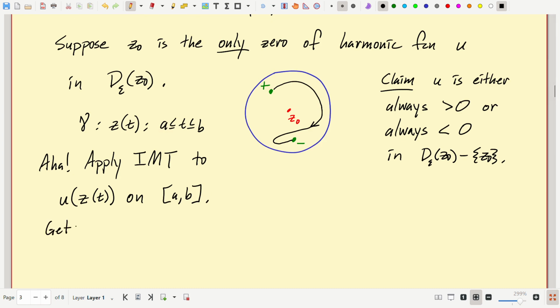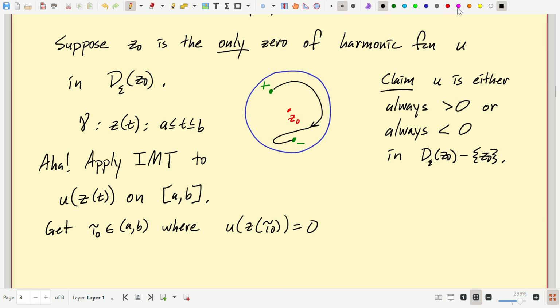So I get a t naught, I'll call it tau naught. It can't be the endpoint, where u of z of tau naught would be 0.